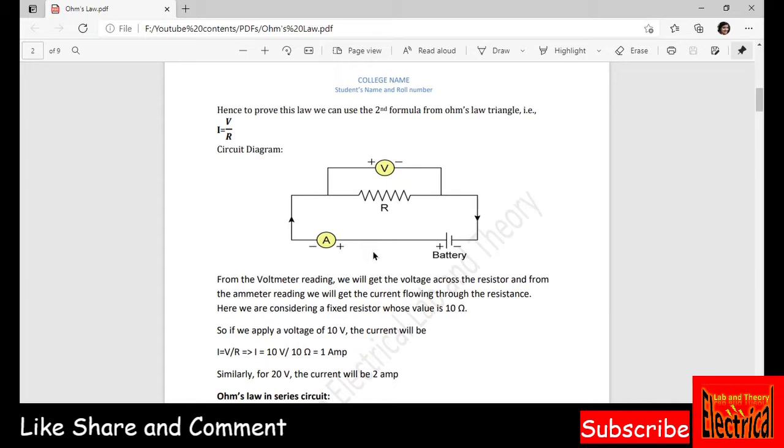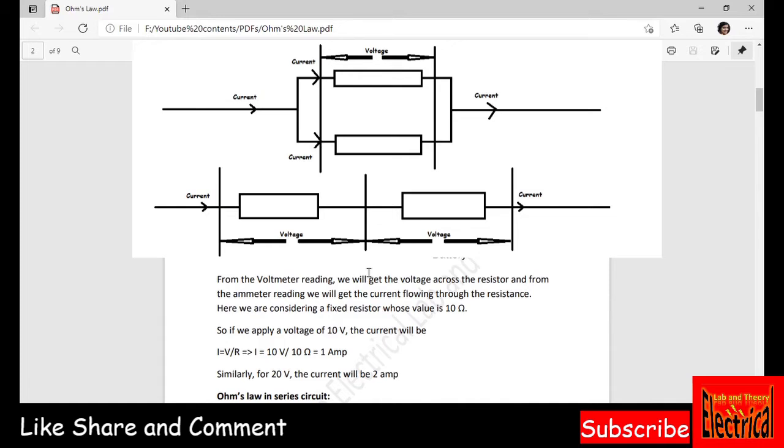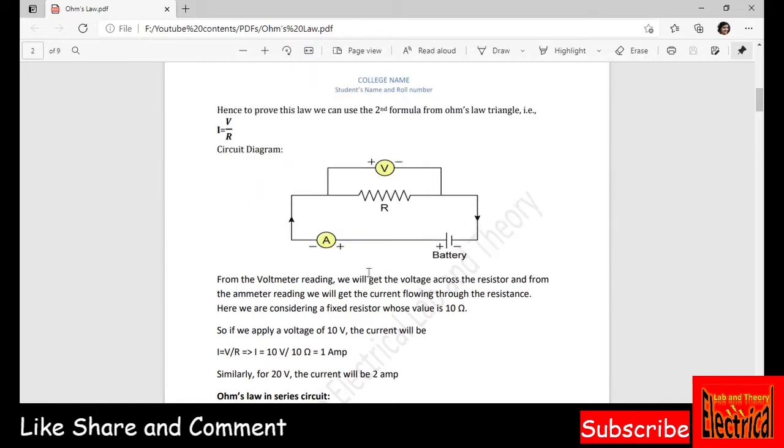Similar thing for voltage. If we use a series connection, what is happening? The voltage across the elements is getting divided and the current is the same for a series circuit, right? So if we connect the voltmeter in series with the resistance, then we will find the voltage across the voltmeter equivalent to its internal resistance.